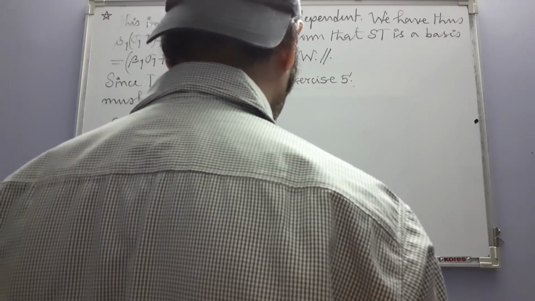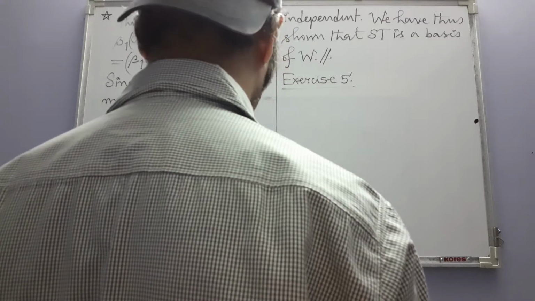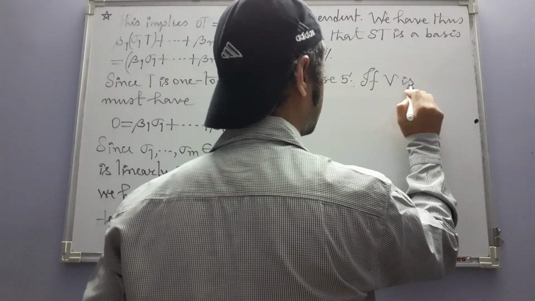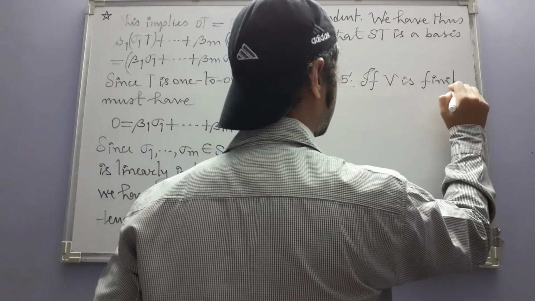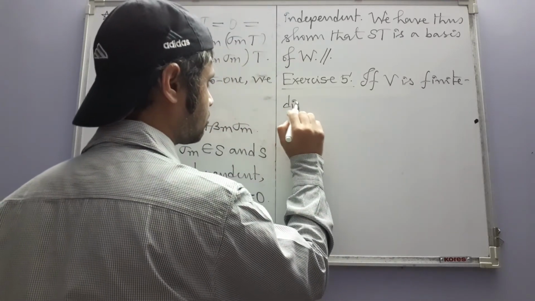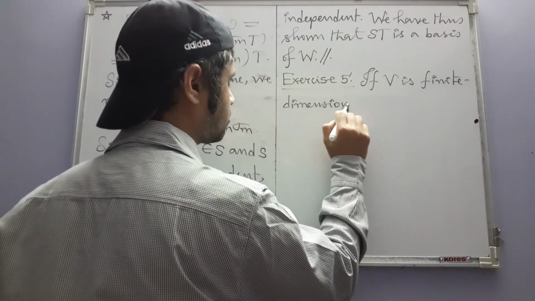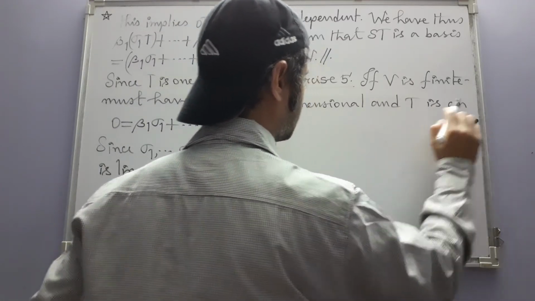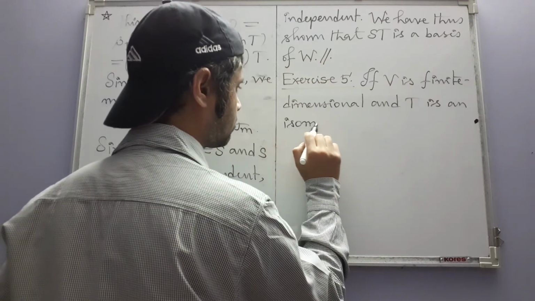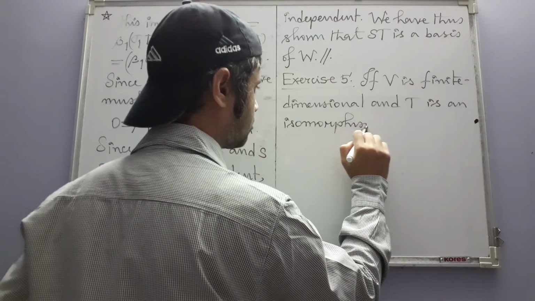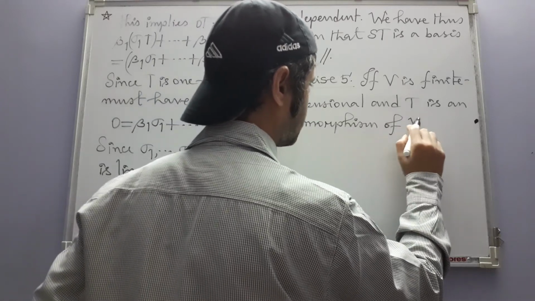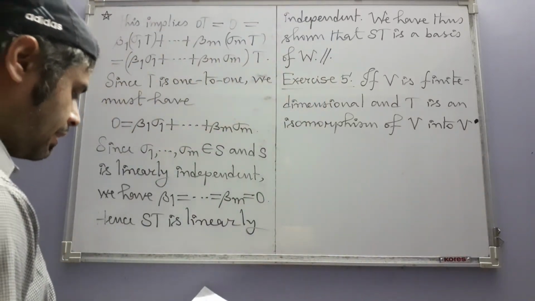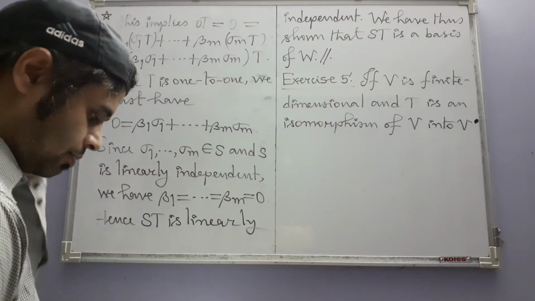If V is finite dimensional and T is an isomorphism of V into V, then T must be onto.